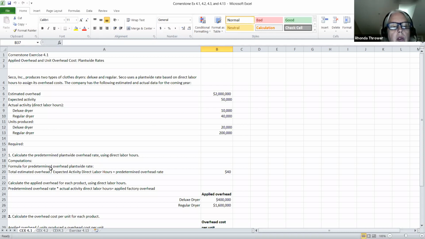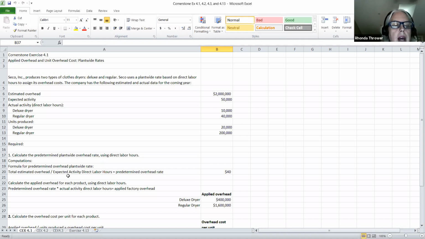So we use a formula to help us calculate that predetermined rate. And the formula is the total estimated overhead for that period of time divided by the expected activity for that period of time, which happens to be direct labor hours in this problem.